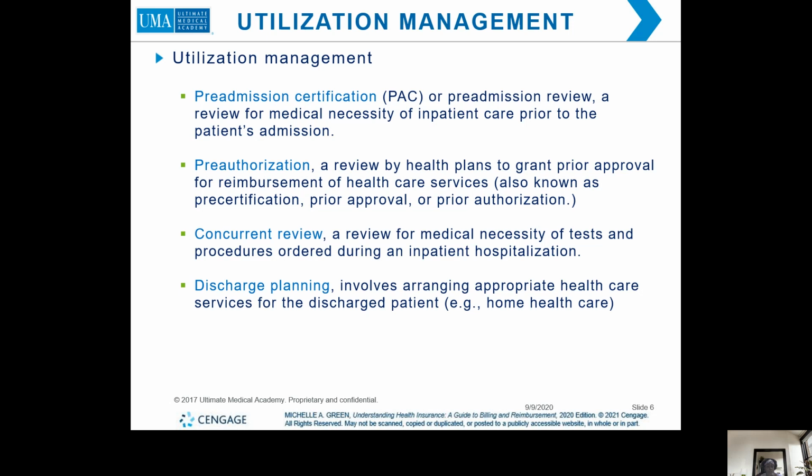Well, while you're in the hospital, before they just roll you right in and you get on the table for a CAT scan or MRI, more than likely someone has gotten approval for you to get that particular procedure.